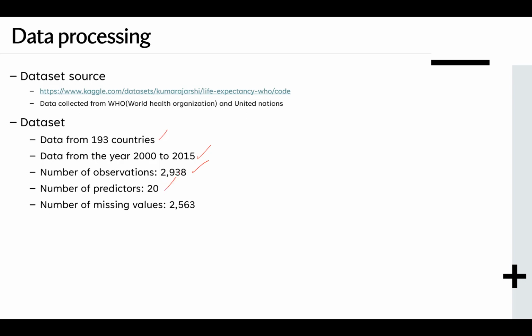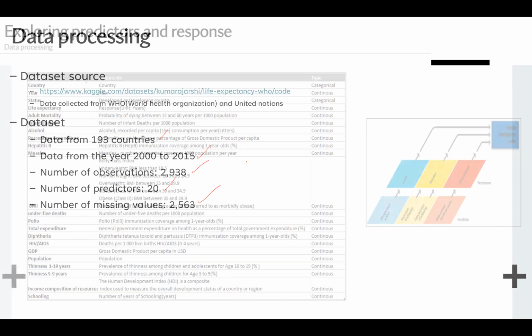We will conduct our analysis using these predictors, and we will determine the most important ones in terms of the relationship with life expectancy. And finally, last but not least, we have 2,563 missing values. We will show you in this analysis how we dealt with this number of missing values.